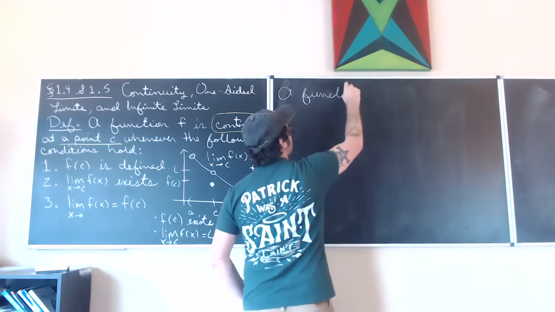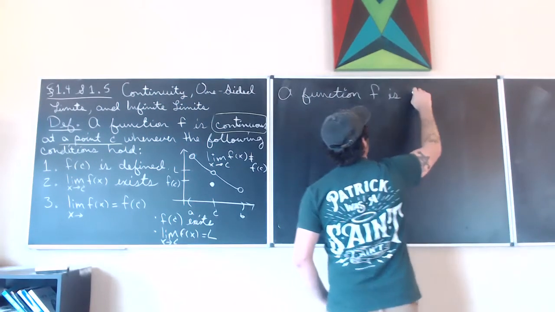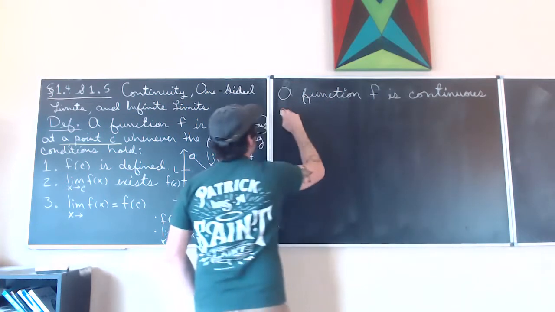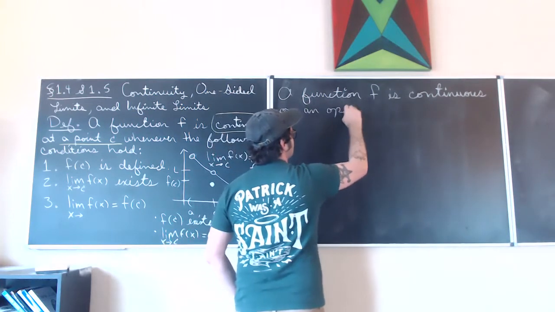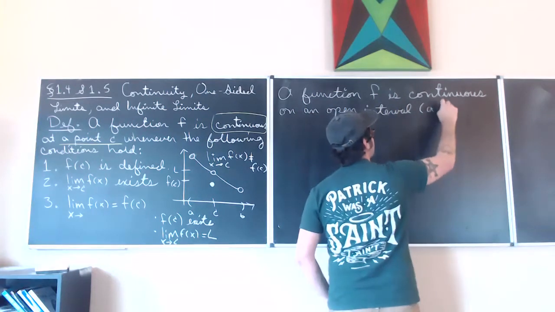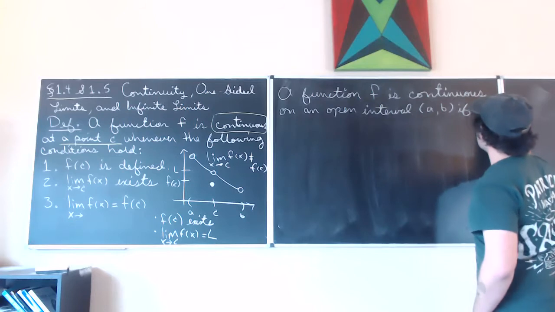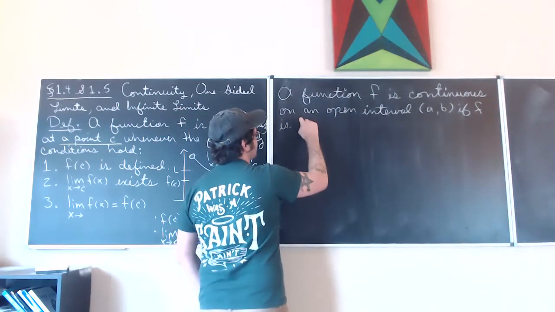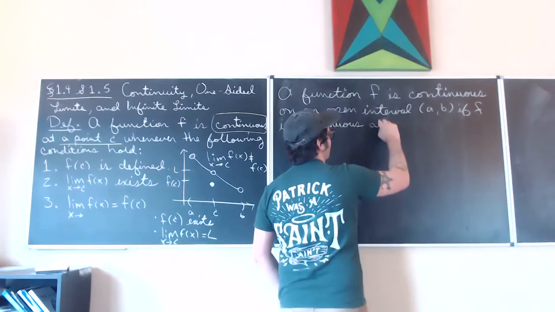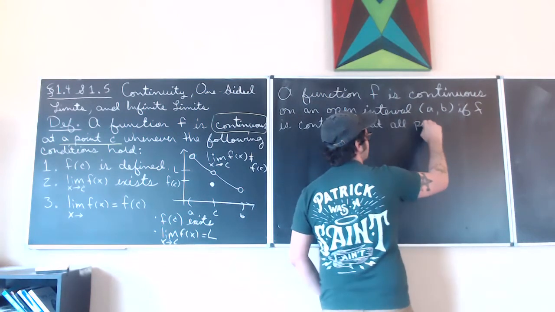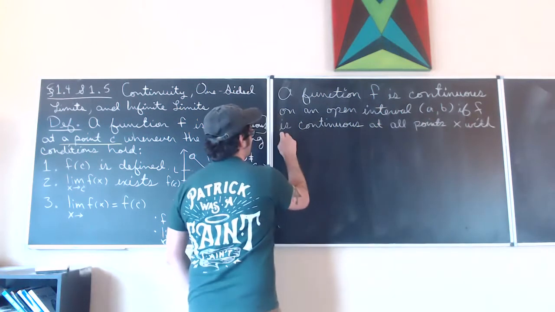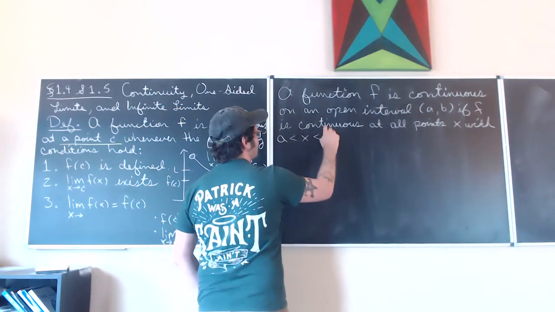A function f is continuous on an open interval (a, b) if f is continuous at all points x with a strictly less than x, strictly less than b.